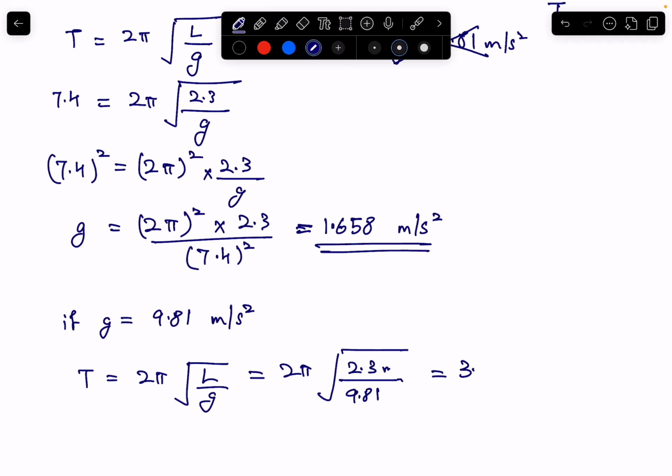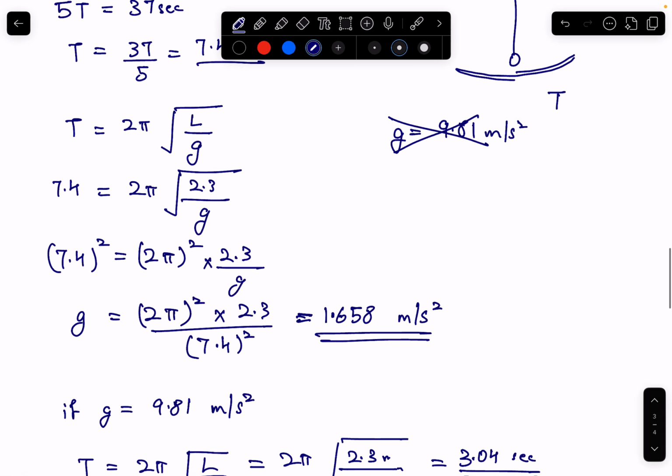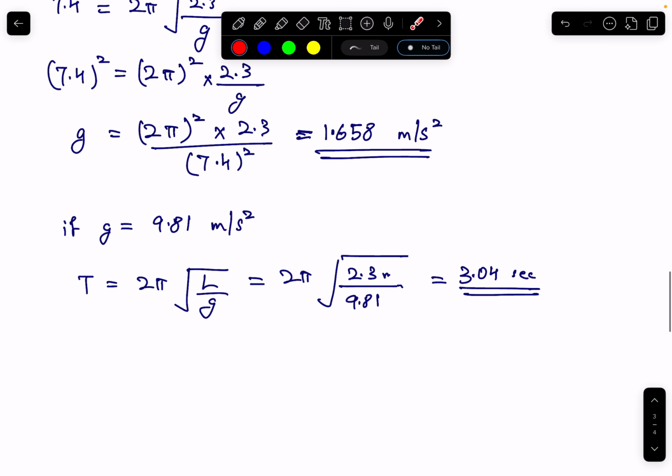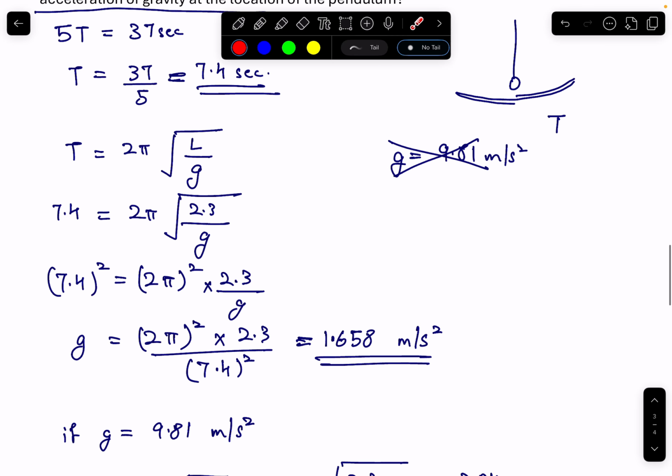So this particular pendulum on Earth's gravity would have had a time period of 3.04 seconds, which is half that of this particular pendulum's time period. So yeah, that's the answer.